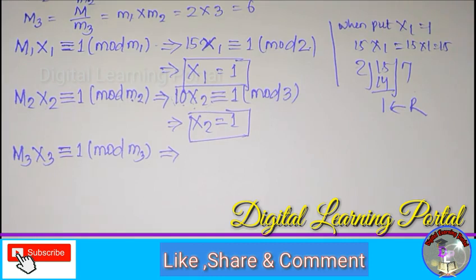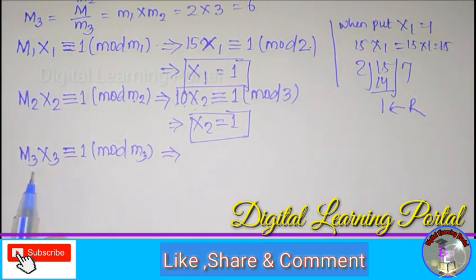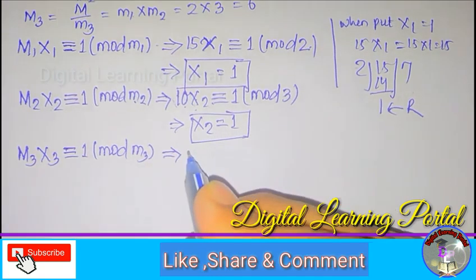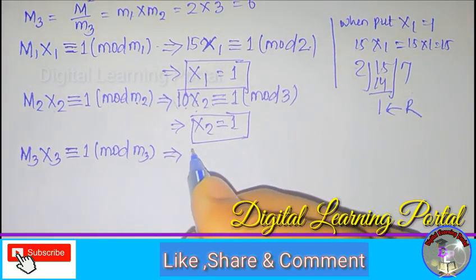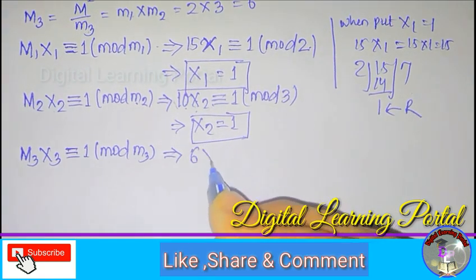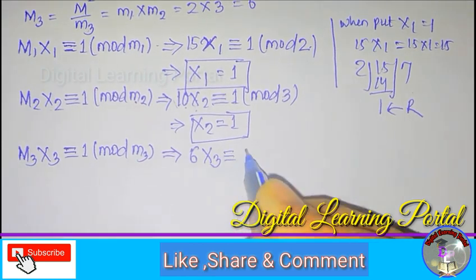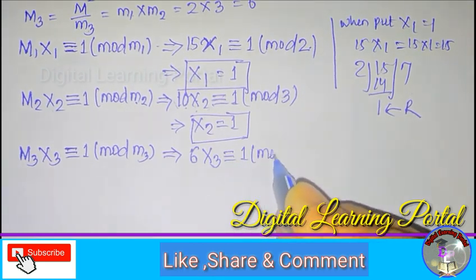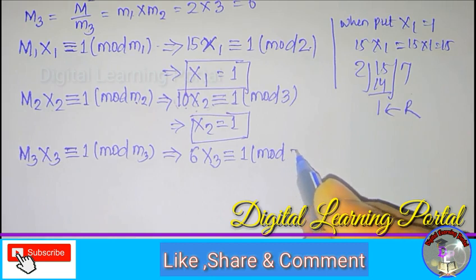Then we have to calculate the value of x3. So we use this expression, m3 is equal to 6, x3 congruent with 1 mod m3. The value of m3 is equal to 5.